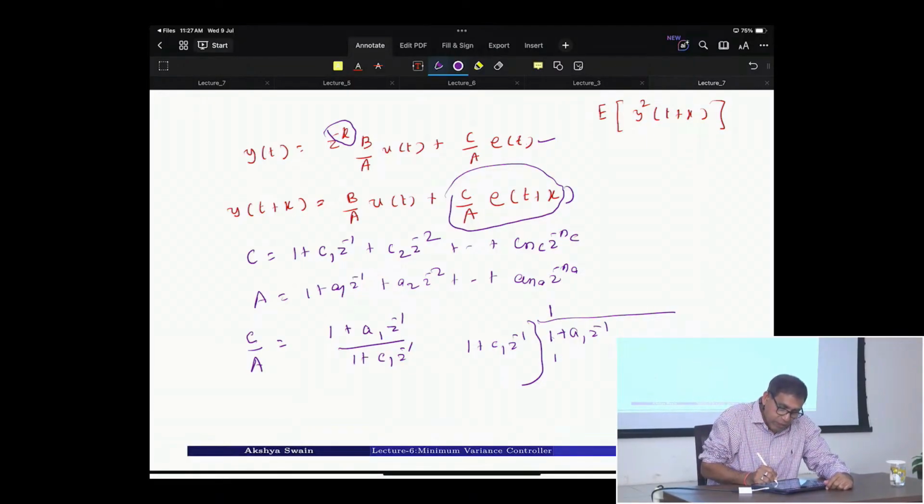So this is 1 plus C1 z to the power minus 1. Subtract it. So 1 plus this.